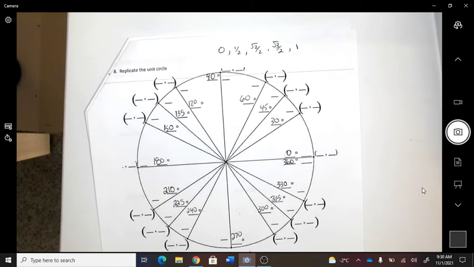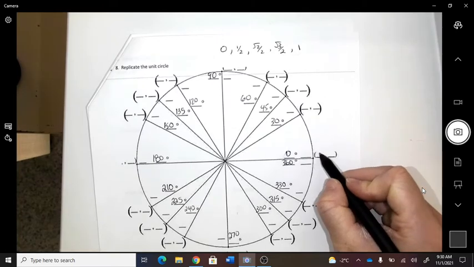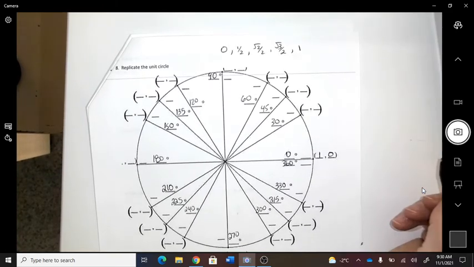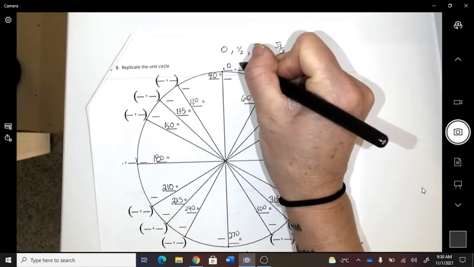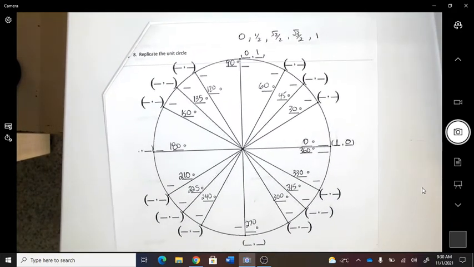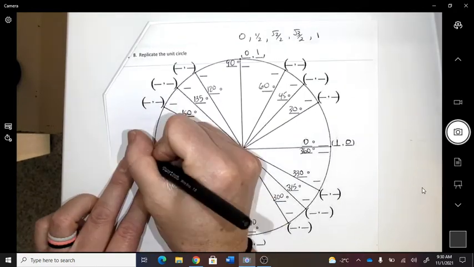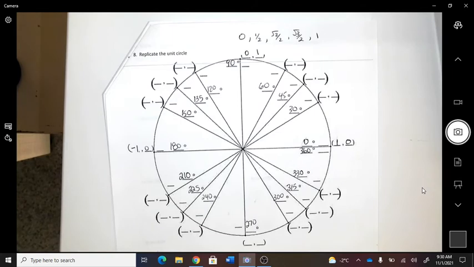So if I did that, to the right hand side is the coordinate 1, 0. The coordinate at the top is 0, 1. The coordinate on the 180 is -1, 0. And the coordinate at the bottom is 0, -1.